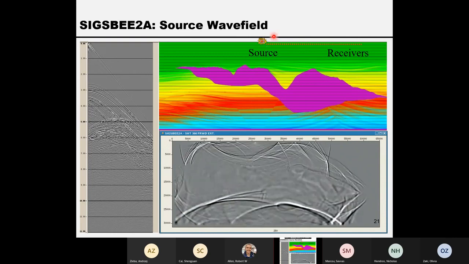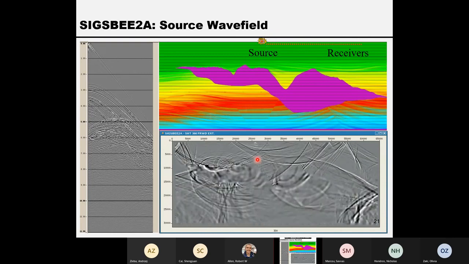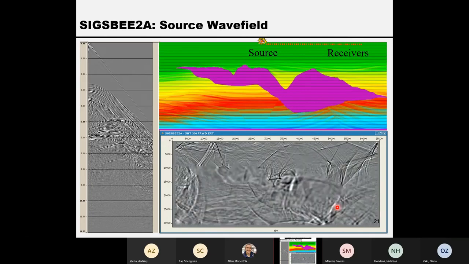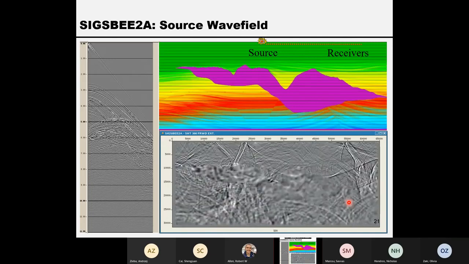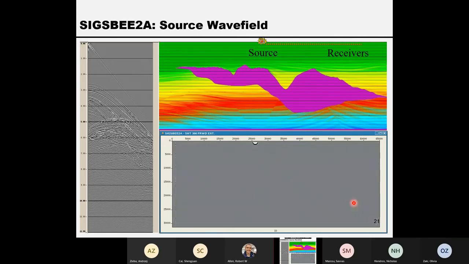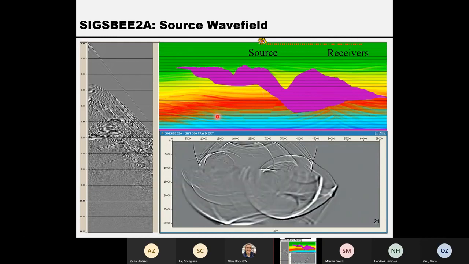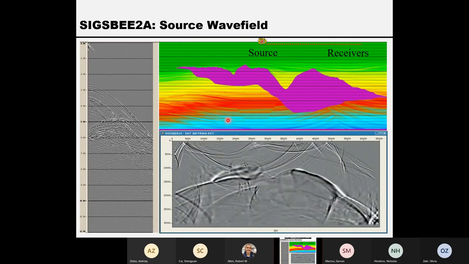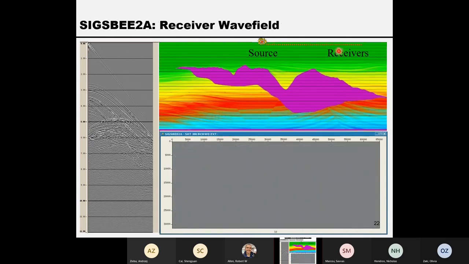Okay, now I said when you have a source here, you know the source wavelet, right? You do the forward modeling. You have a wavefront here for any single time. You do the cross correlation with another wave field, which is from the receiver. The receiver means this is your recorded seismic data.